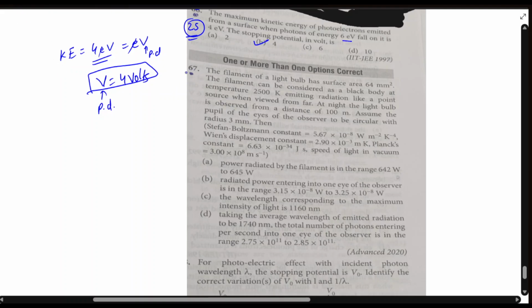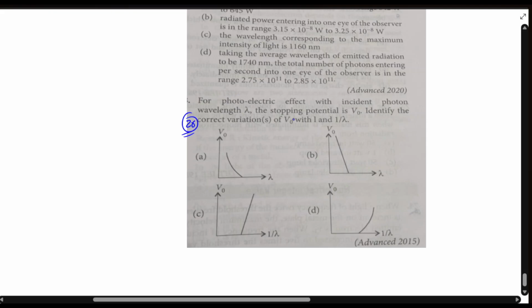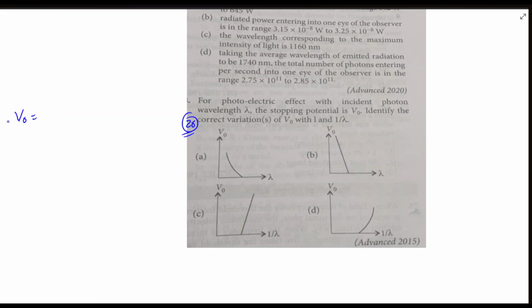Okay, so let's leave this question for a second. Let's do this question first. This is a simple graph question, right? We know the formula: eV naught equals hc by lambda minus phi, right? This is the photoelectric equation. So V naught will be equal to hc by e, into 1 upon lambda, minus phi by e.